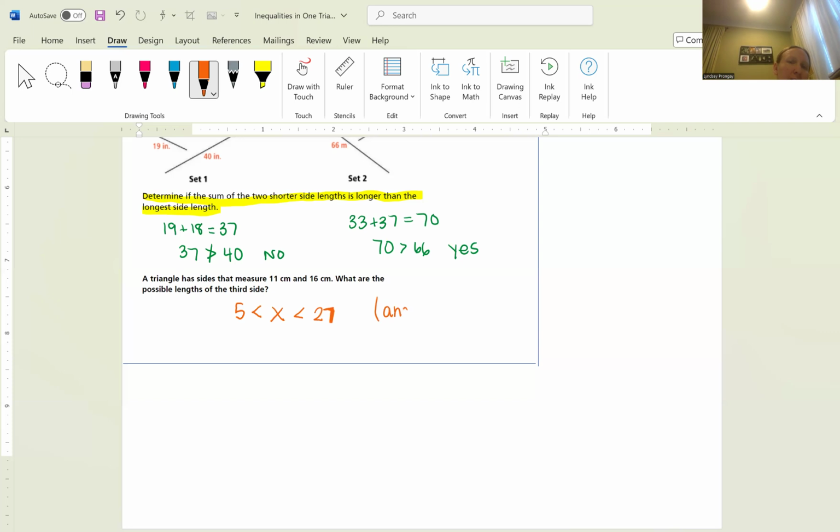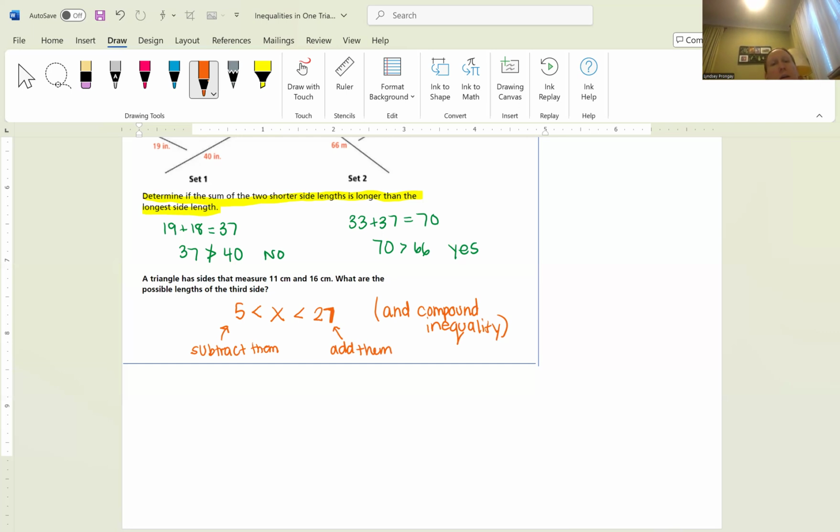So this is how we are going to write it. This is an and compound inequality, in case you don't remember those from algebra, which essentially states what the min and the max are. To get these numbers, if you did not realize, you subtracted them to get this: 16 minus 11 was 5. And on the upper end of things, you would add them.